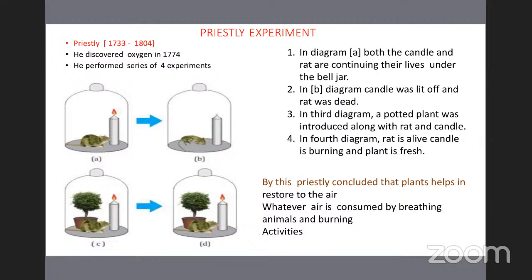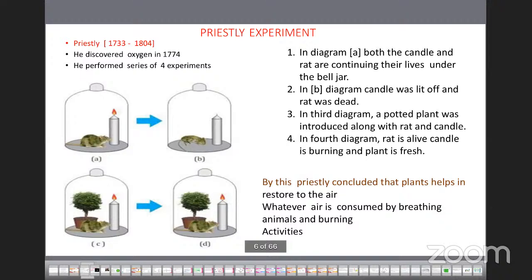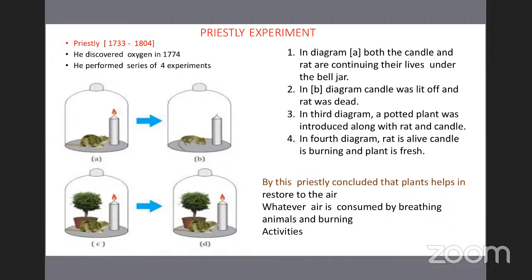After some time, both organisms failed: the candle went out and the rat died. But in another experiment, Priestley arranged one potted plant along with these two living organisms under the same bell jar. After some time, all three organisms were in the same positions, continuing their lives safely.